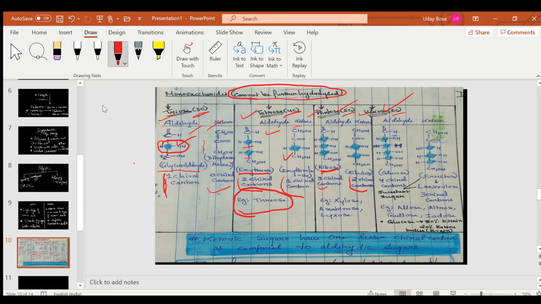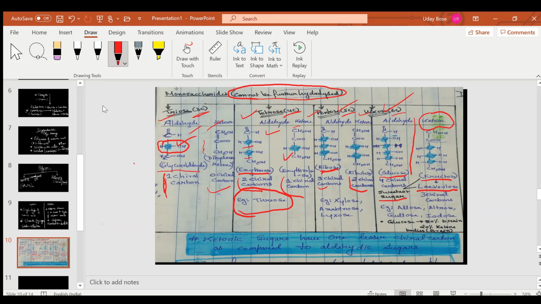In hexose, there is glucose, which is an aldehydic sugar. It has 6 carbons and there are 4 chiral carbons, as you can see. And in ketose type of hexose, we have fructose. Out of 6 carbons, you have 3 chiral carbons. And fructose is the sweetest sugar, as I have written here. One example of fructose is levulose, and it has 3 chiral carbons.